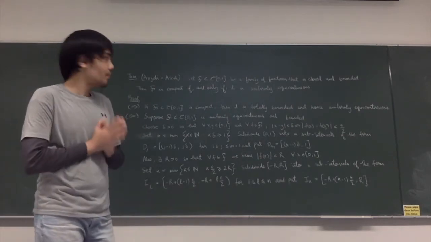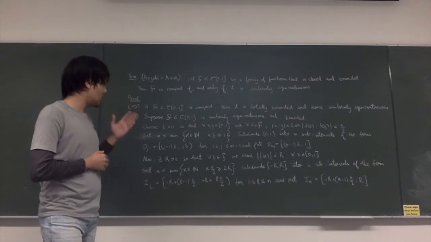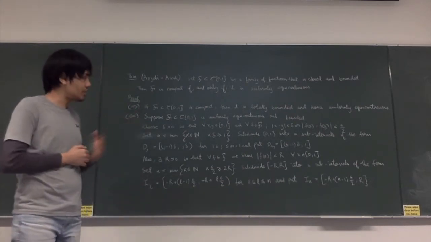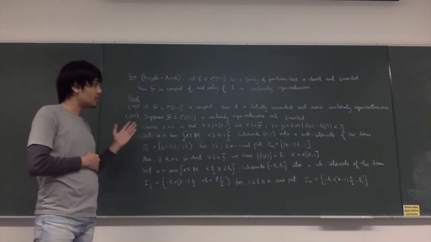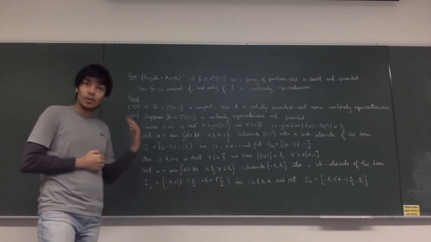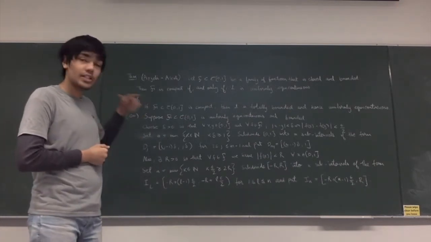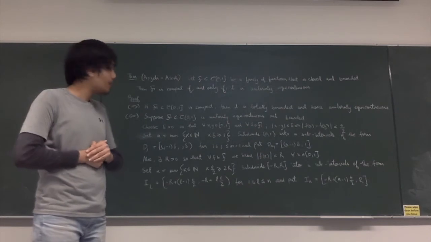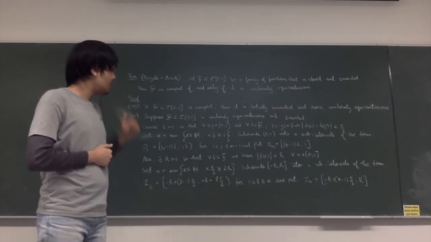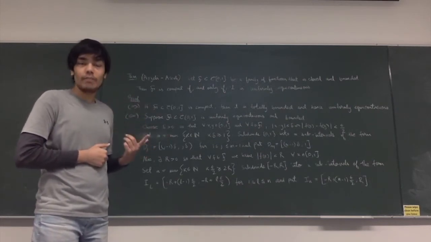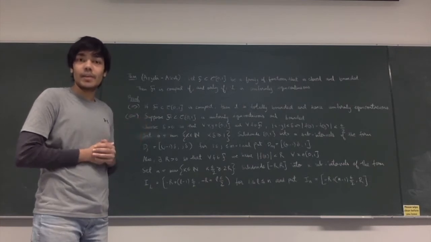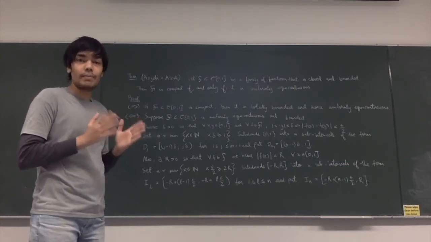It's very trivial. If F is a proper subset of the continuous functions on [0, 1] such that F is compact, then we know from the previous theorem that we showed on the previous slide that F must be totally bounded, because any compact subspace of any metric space is complete and totally bounded.